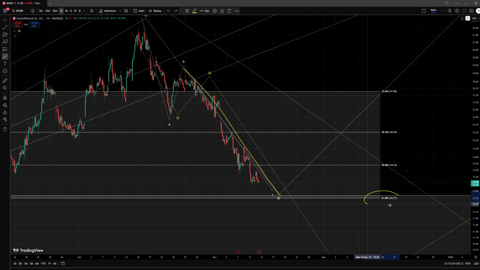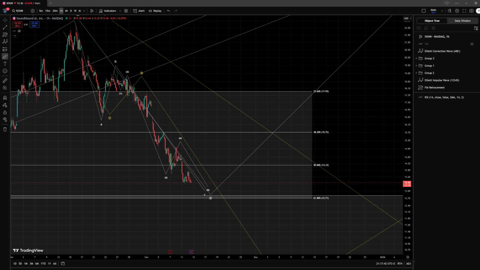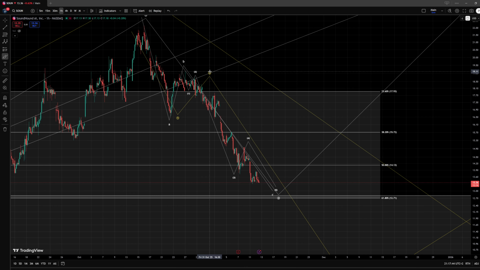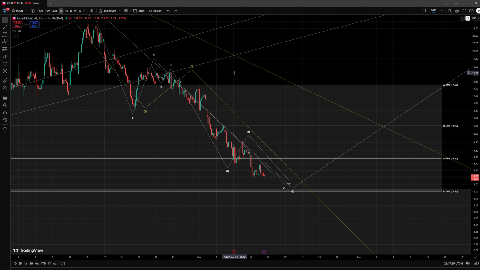Remember, the 61.8% retracement, the $12.7 level, is the most relevant one, since this is the only one left basically, and if we break below that, well, it is likely that we will follow through within the yellow interpretation. The probabilities would heavily shift and skew towards that scenario. But at the moment we do still have the possibility of tracking this ABC pattern, since we are within it, and within this movement to the downside I am looking for a possible impulse.